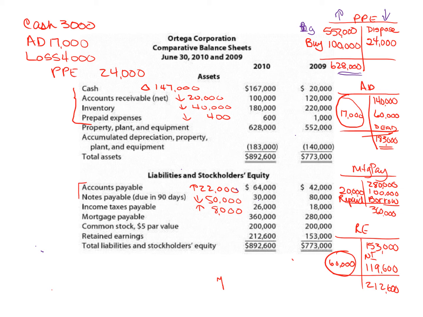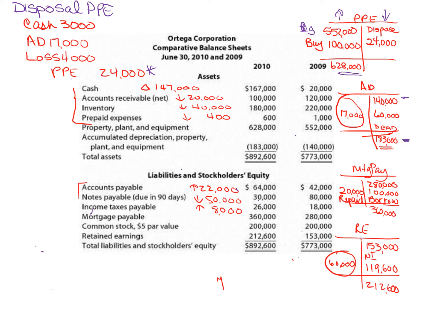So if I disposed of it, here's my disposal entry of PP&E. I know that $24,000 is the amount that property, plant, and equipment was reduced. Looking at accumulated depreciation, it started the year at $140,000 and ended the year at $183,000.